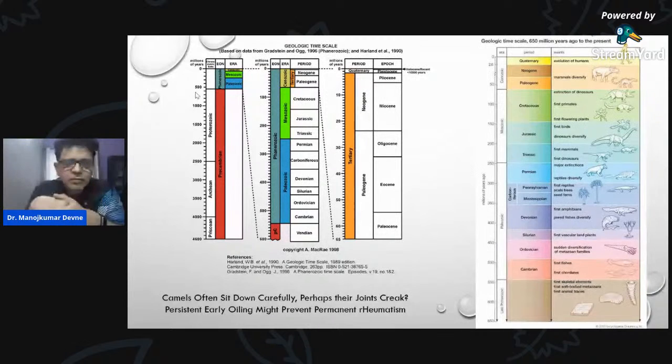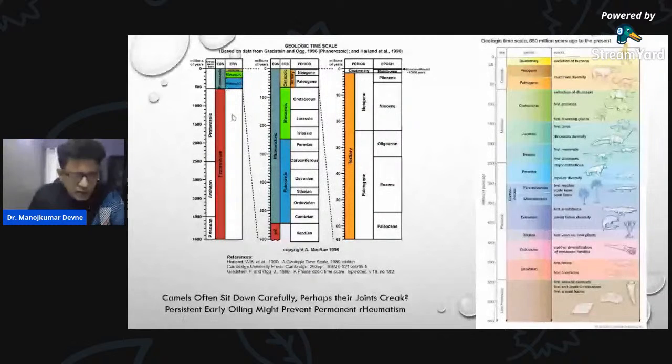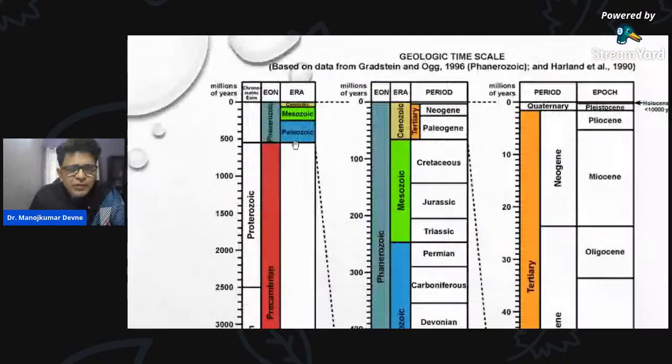Now, let us come to understanding the logic of how these names are formed. You'll see that Zoic, Z-O-I-C, basically means life. And that is why, when we go into the details here, let me enlarge it for you, you'll have Paleozoic, Mesozoic, Cenozoic, and you have Proterozoic.